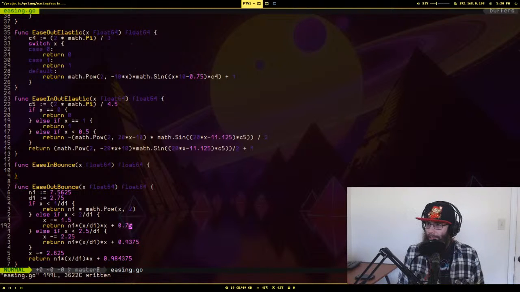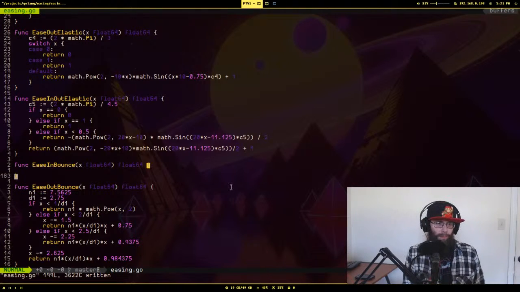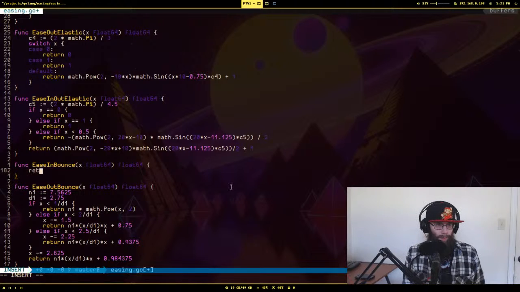I see now why they just call ease out bounce and flip it. Return 1 minus ease out bounce of 1 minus x.